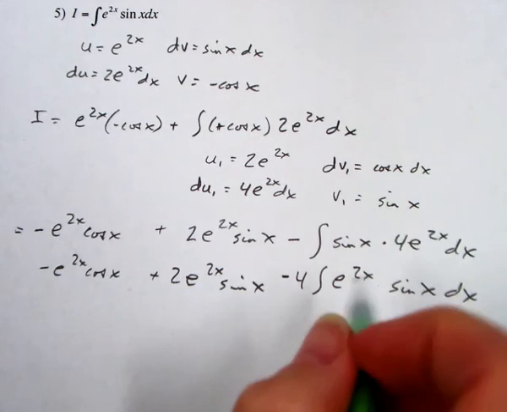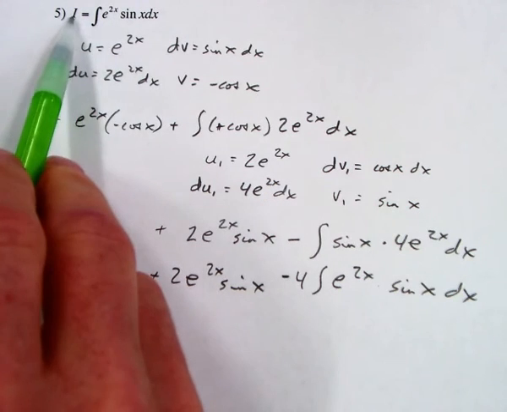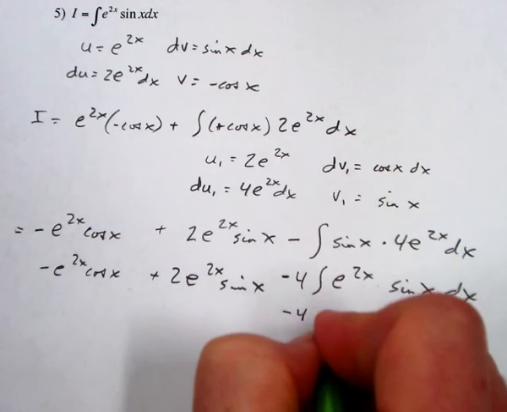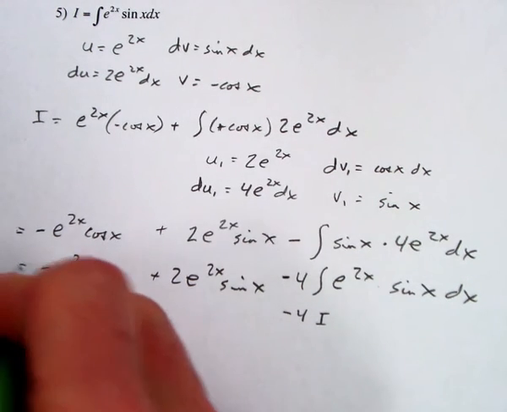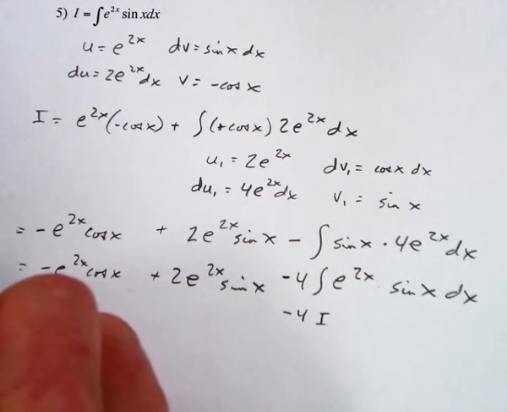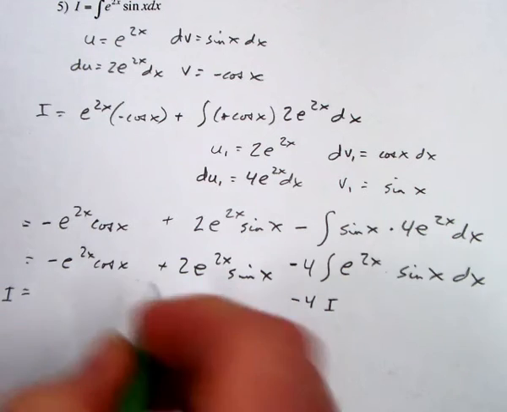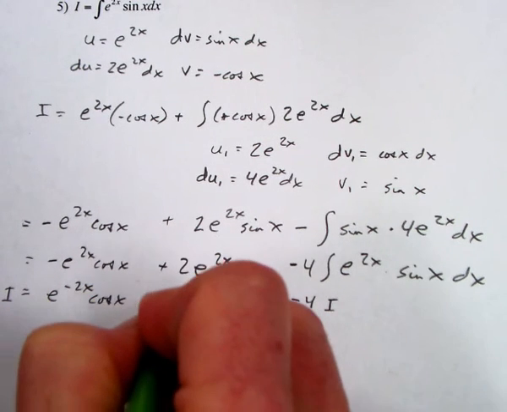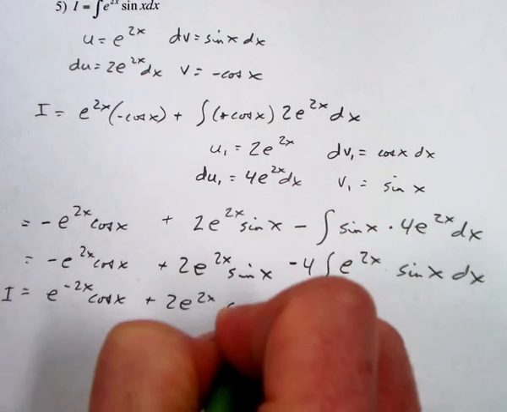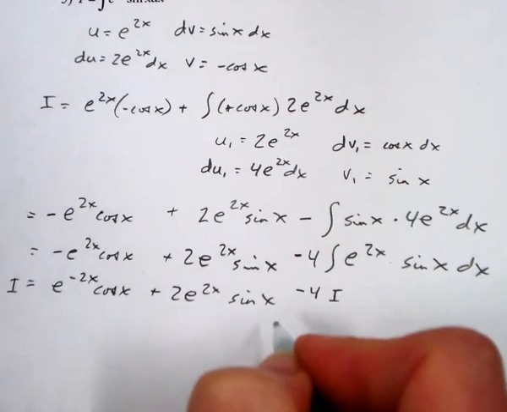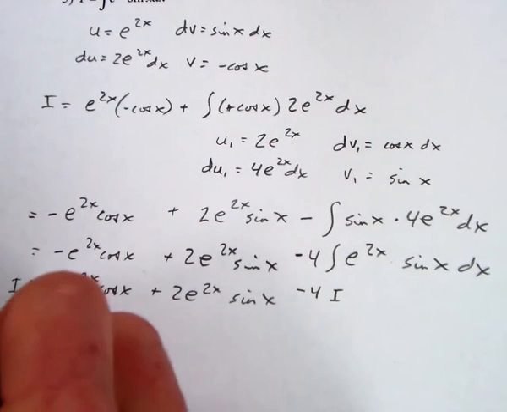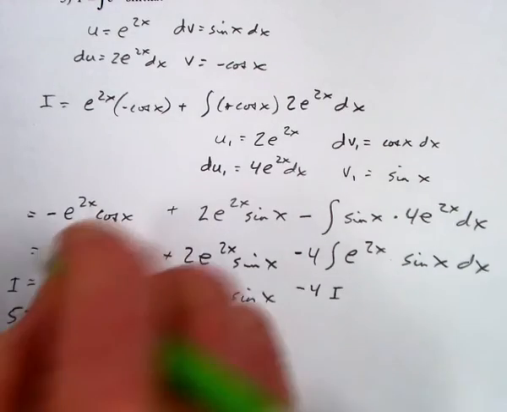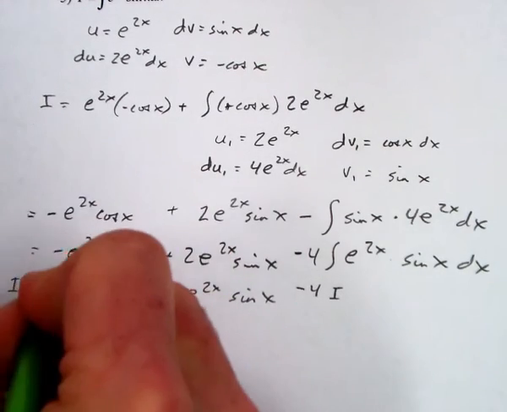So since our original integral equals I, we can say the exact same thing here. This is minus 4I. So we have I equals all of that stuff. Add 4I to both sides. 5I equals that stuff. How did I move that negative inside there?